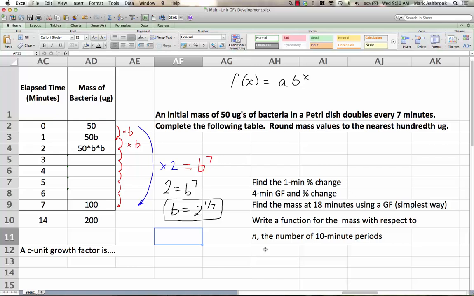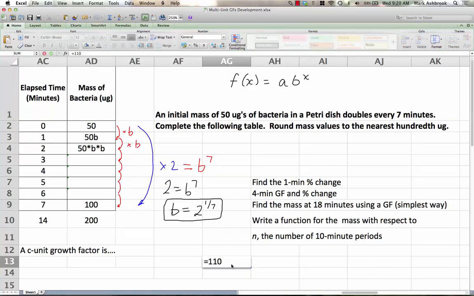What about taking 100 minus 50 and dividing by 7 and going up that equal amount each time? Does that work? Sorry, I did the wrong thing.